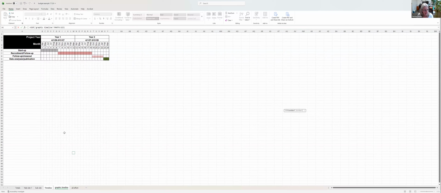The graphic timeline is the only thing that doesn't really pull from the worksheets. This is something that you create yourself, but it is explained by the timeline. So if you look at the timeline, you would be able to know you had 6 months of startup, then you were going to do a 12-month recruitment, and then you were going to have 4 months of follow-up and your data analysis.